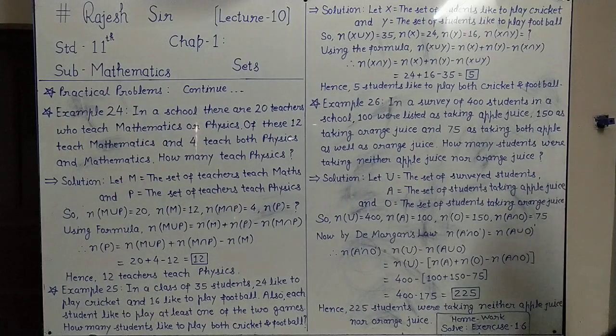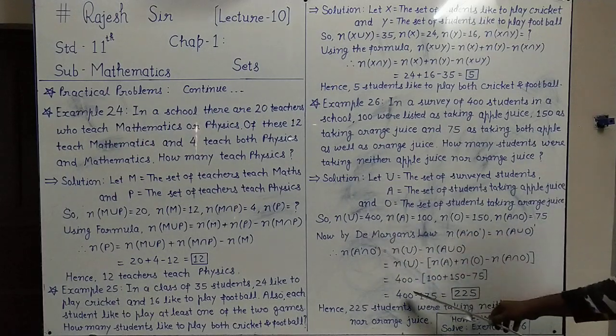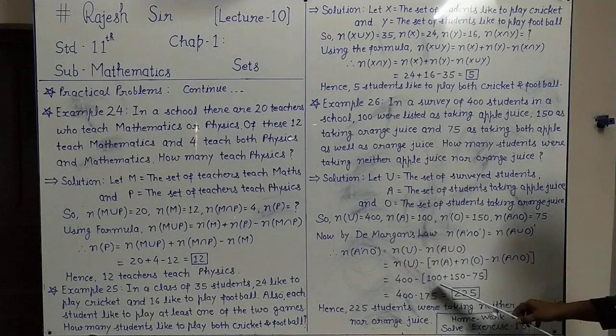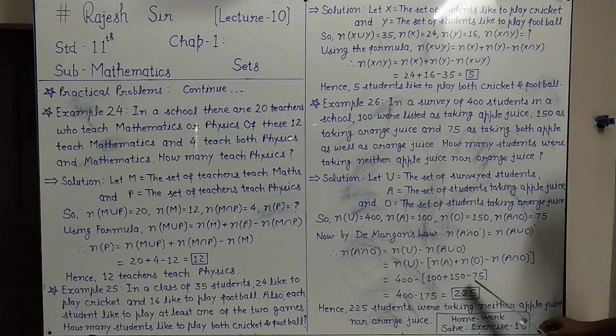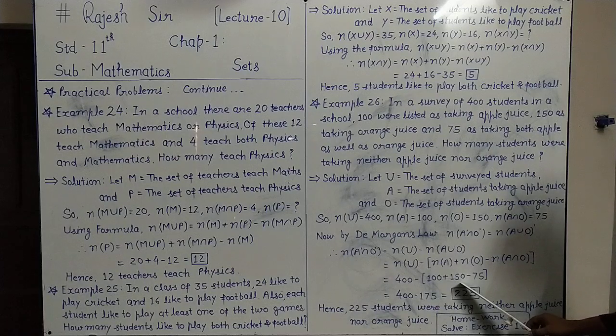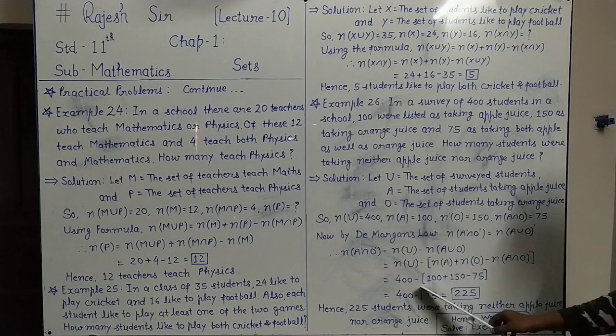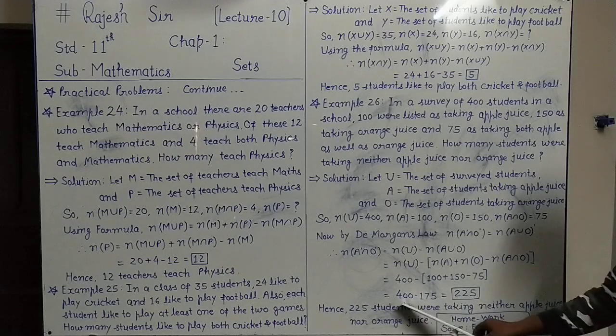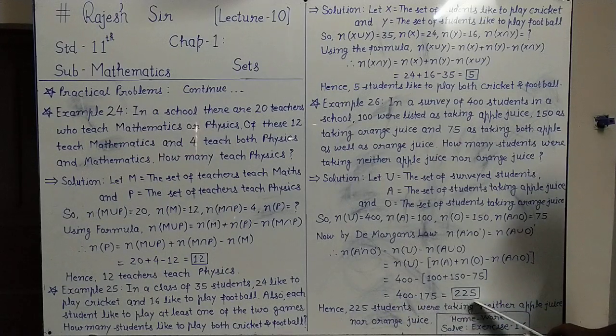Now place all the values. n(U) is 400 minus, in the bracket, n(A) is 100 plus n(O) is 150 minus n(A intersection O) is 75. So 400 as it is, the bracket is 100 plus 150, 250, and 250 minus 75 is 175. And 400 minus 175 is 225.